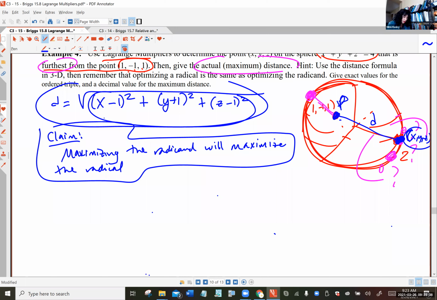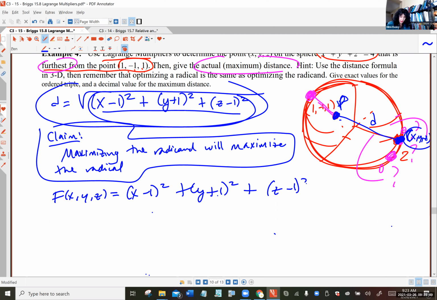We're going to call the function underneath the radical big F, and we'll maximize that. Later on, when they ask us for the actual maximum distance, we'll plug it back into the original and put the square root back on. But let's just look at what's under the radical, because then we don't have super hellacious derivatives to worry about.